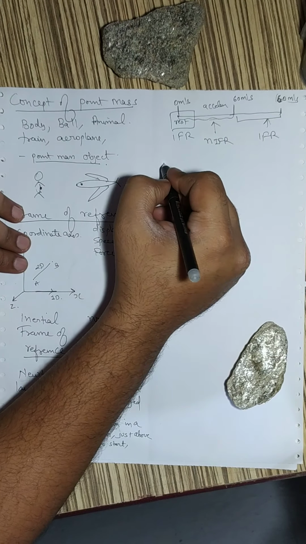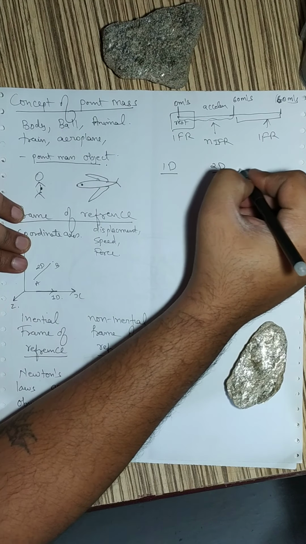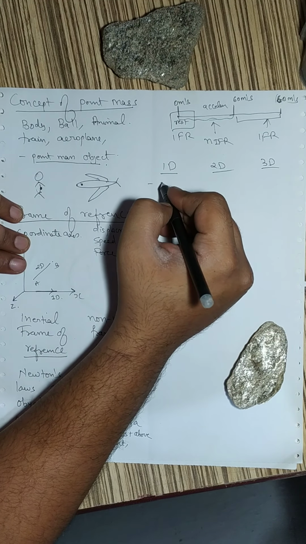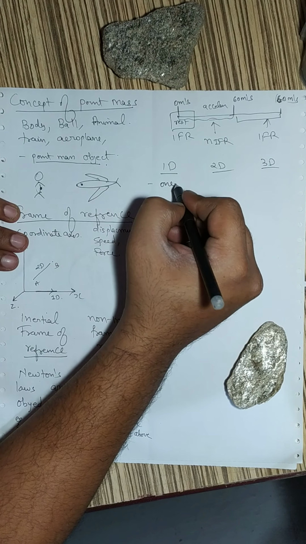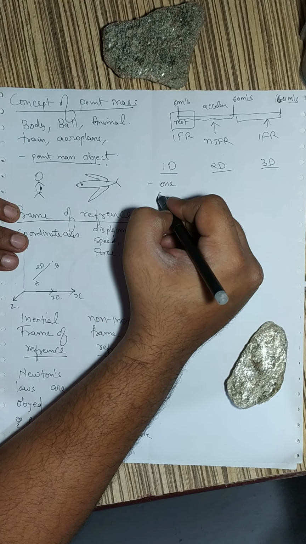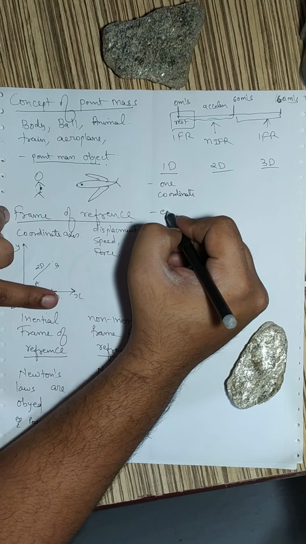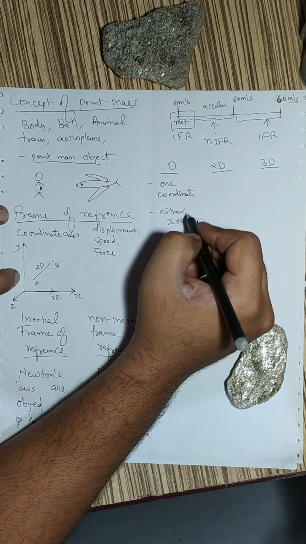Next we have the explanation of one-dimensional, two-dimensional and three-dimensional motion. Differentiating them is very simple. One-dimensional motion is one which involves only one coordinate, either x or y or z, any one.